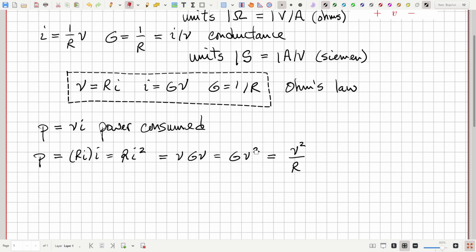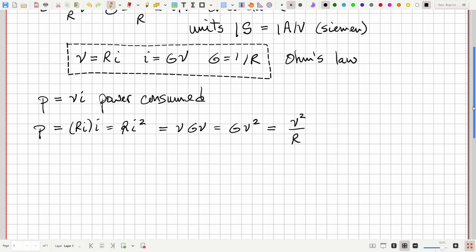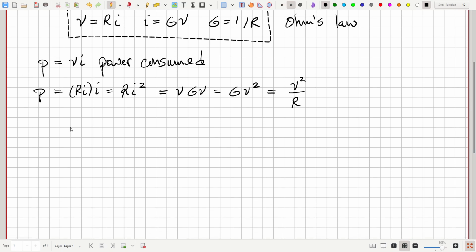Let's look at an example of using Ohm's law in circuit analysis. Suppose we've got a circuit that has a source, a resistor, and a device called a light-emitting diode, which, as the name implies, produces light.